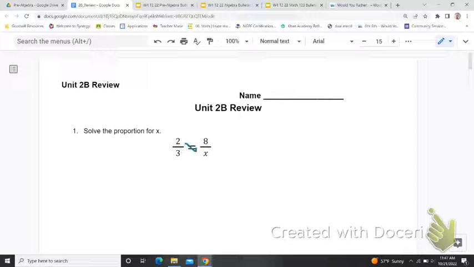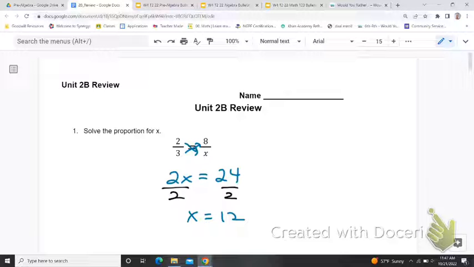So 2 times x will be equal to 3 times 8. And I would just need to divide by 2. And so x is equal to 12. Now, you don't absolutely have to cross multiply.